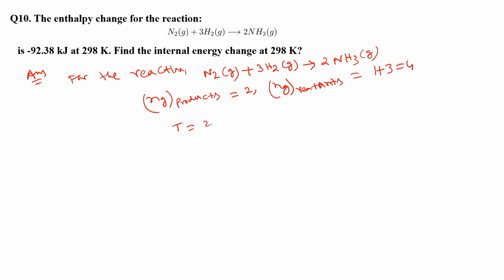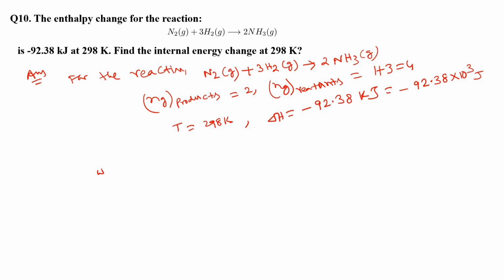Temperature is given as 298 K, delta H is given as minus 92.38 kilojoule. If we convert this into joules, we get minus 92.38 times 10 to the 3 joules.